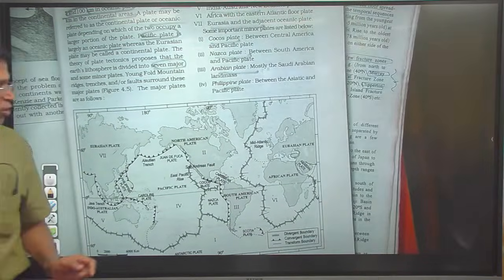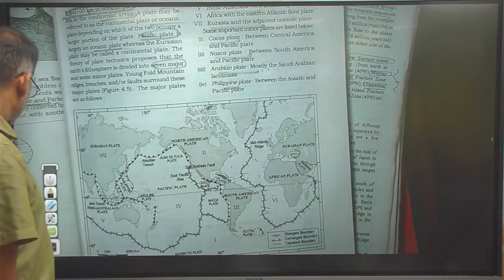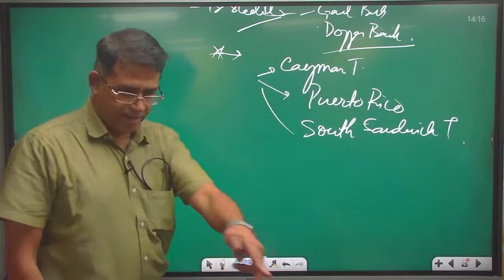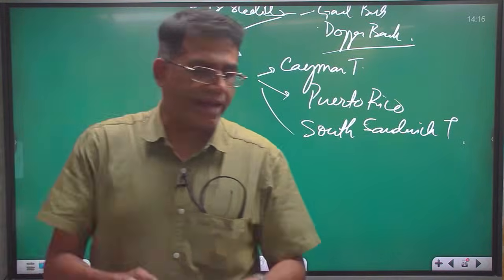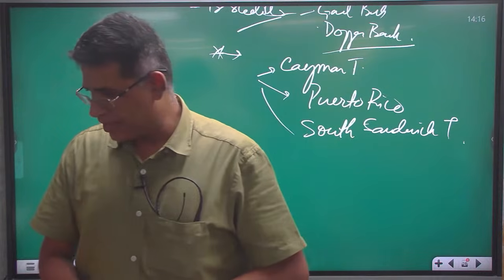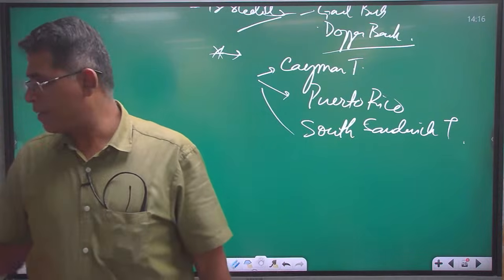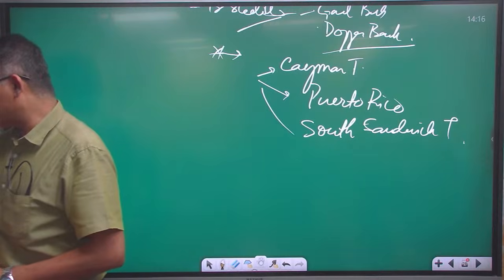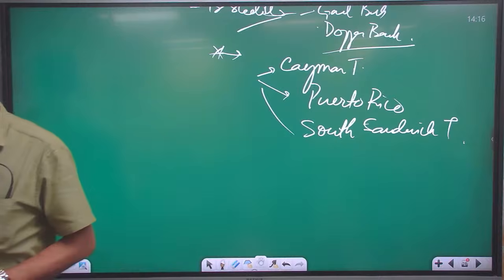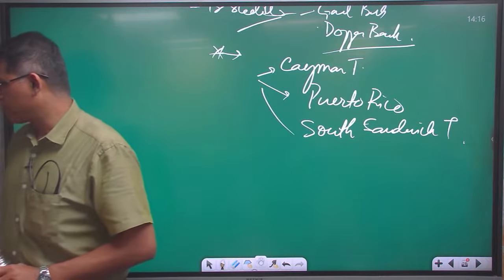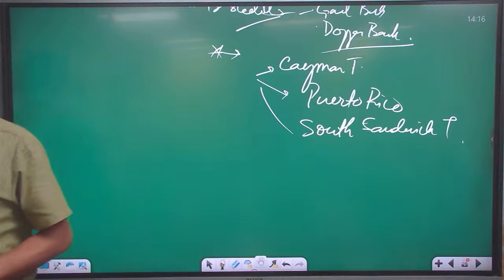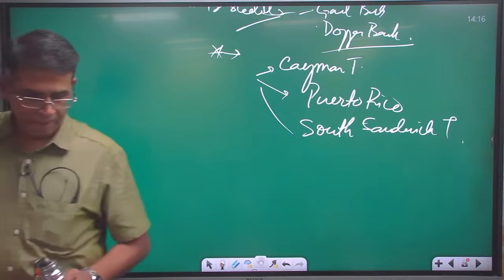ठीक है, तो back to your notes. तो हम लिखा रहते हैं कि unlike or like the Pacific Ocean, the Atlantic Ocean also is not one single plate. The Atlantic Ocean is not a single plate.